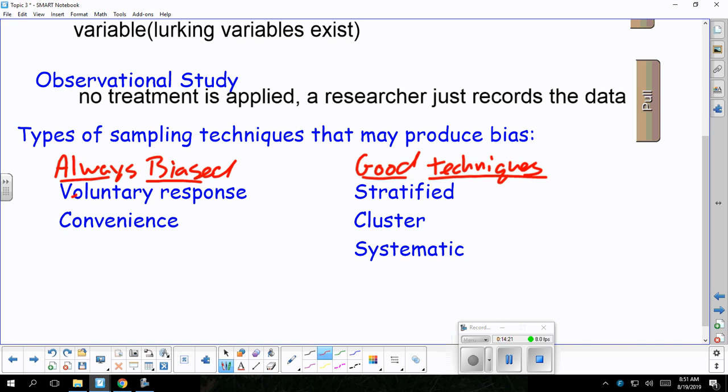Stratified samples. Stratified samples are excellent sampling techniques when done well. So the best part about a stratified sample is this. Let's look at our high school in general. I want to figure out the opinion of our high school as a whole about how much they appreciate Mr. Angelo wearing a tie on Mondays. I know that at our school we have 325 freshmen, so a higher proportion of freshmen than seniors.